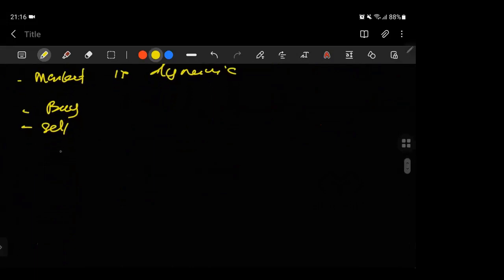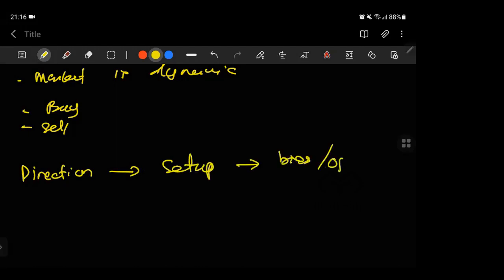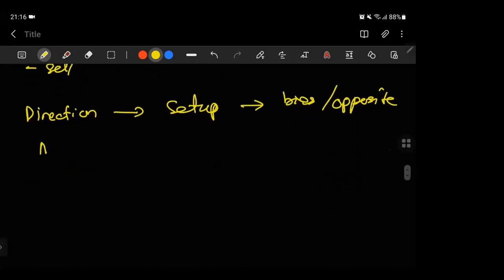So to make it easier to see, we make this table: setup, bias, or opposite. If the monthly is the direction, the setup will be on daily and the bias will be on weekly. And these things go on and on.